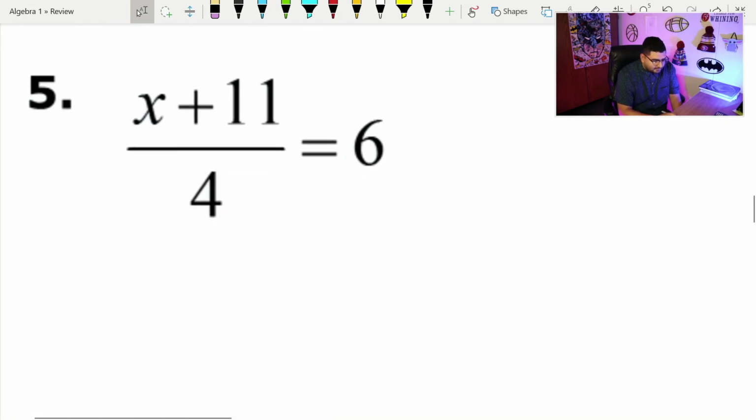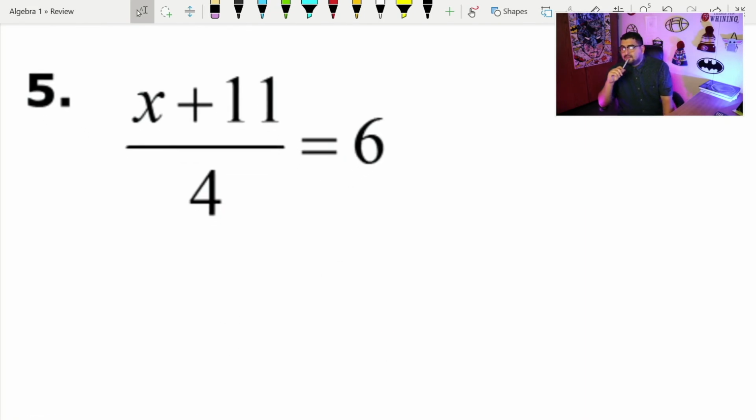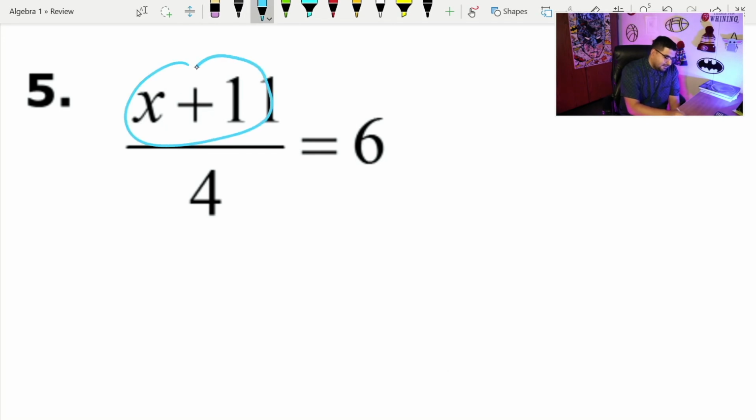Let's look at this one. Here I have x plus 11 divided by 4 equals 6. In this problem, going by which one's closest to x doesn't really work. When you see a problem like this where everything on one side is above a fraction, so here I have x plus 11, all being divided by 4, I want to get rid of the 4 first.